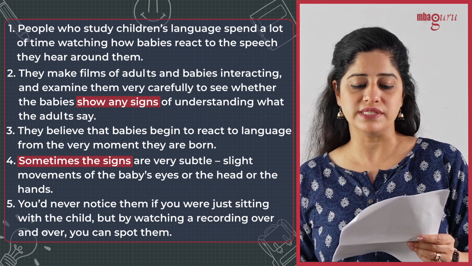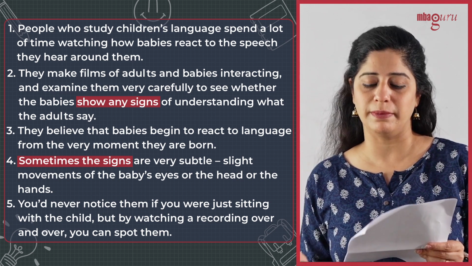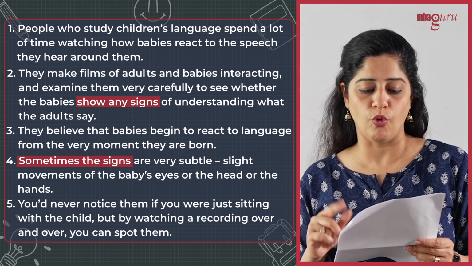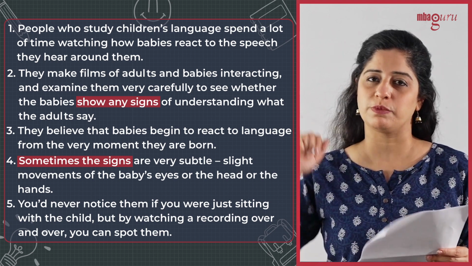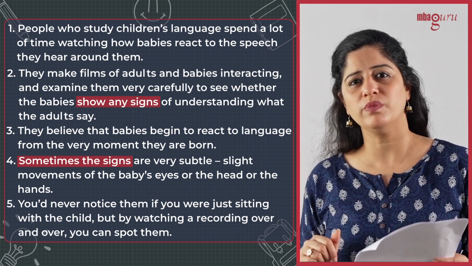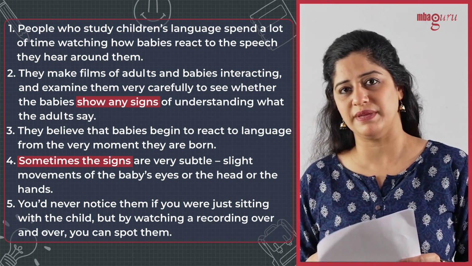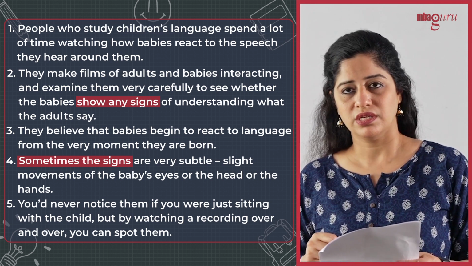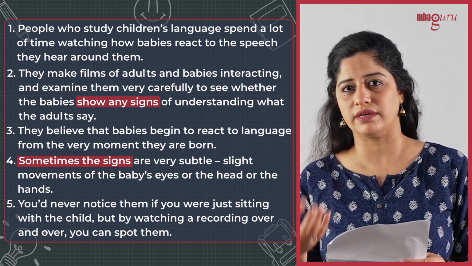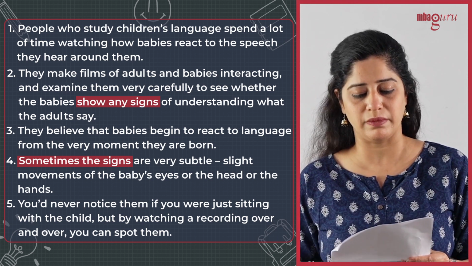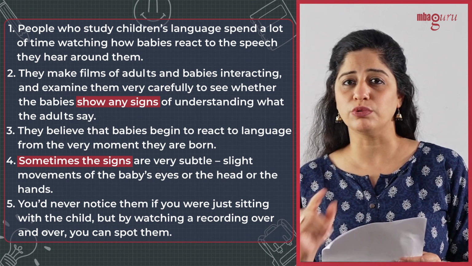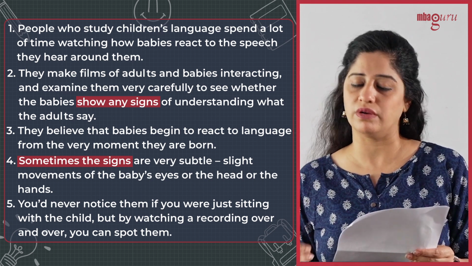You would never notice them if you were just sitting with a child, but watching a recording over and over, you can spot them, is what sentence 5 says. Recording of what? Recording of the video, of the film that is being made in sentence 2. So it says you would not notice how they're taking in language or developing language, but you could actually notice while you see the recording over and over again.